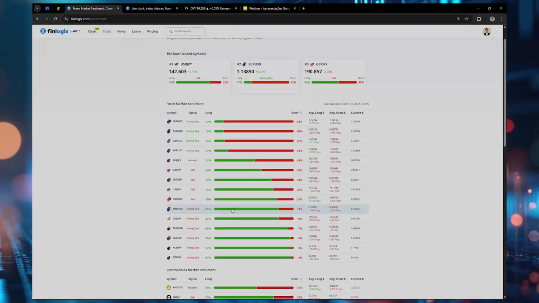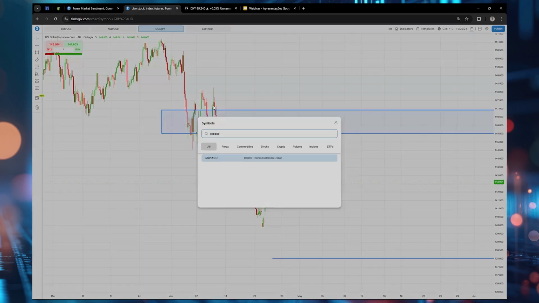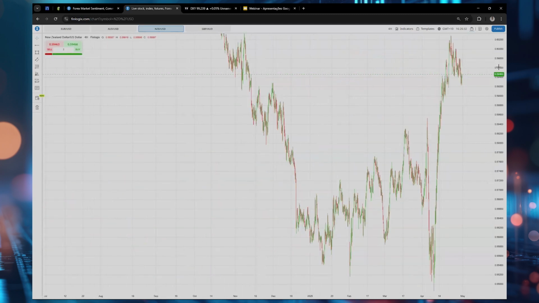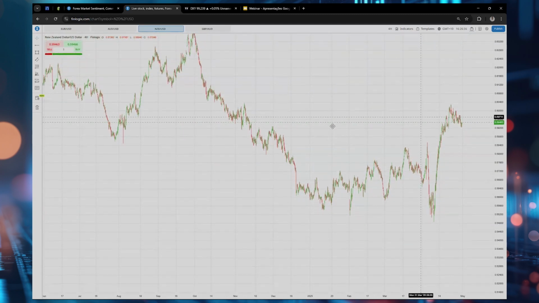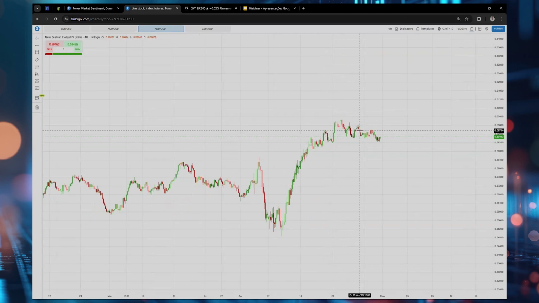NZD against the US dollar, sell. Well, let's have a look at that, as we're not going to be trading US dollar Japanese yen. Let me get New Zealand. I wouldn't agree on that, because having an exposure to New Zealand dollar against the US dollar, if we want to short this, we're basically having a trade on Aussie New Zealand long.